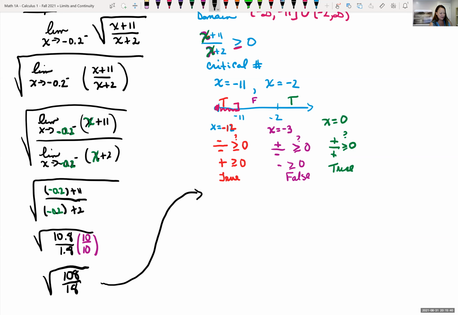They're both at least divisible by 2. I can break it down as two different square roots if I want, but I can wait. 2 goes into 108 54 times, and 2 goes into 18 9 times. It goes in evenly, because 9 times 6 is 54.